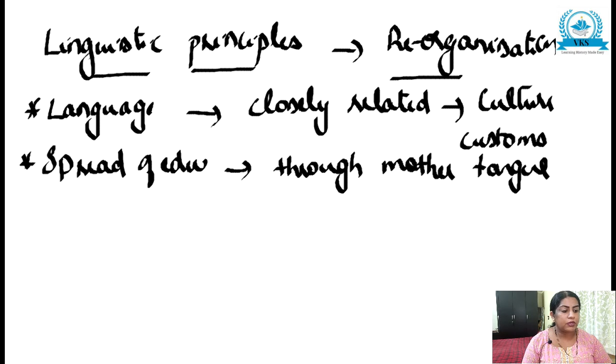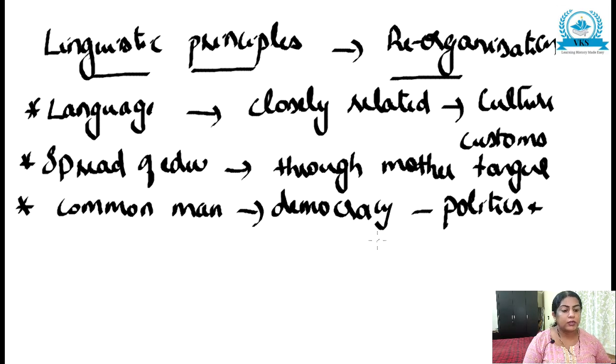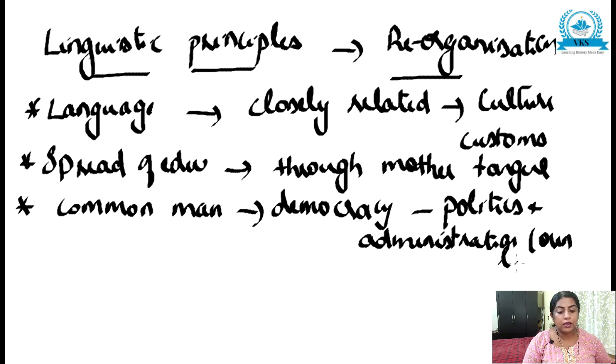Now the next point is considering a common man. To a common man, democracy can be real only when politics and administration are conducted in his own language.